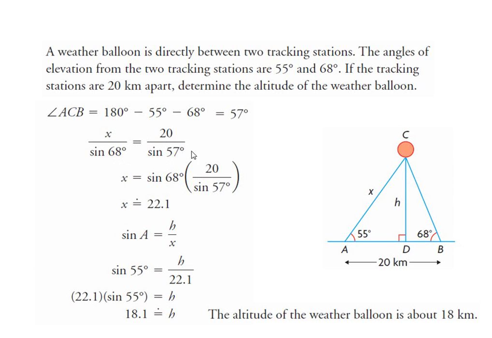Bring this bottom to the right side. So x is equal to sine 68 multiplied by the whole thing of the original right side. And then with your calculator you are able to get x. The x is equal to 22.1. So we have got this length.